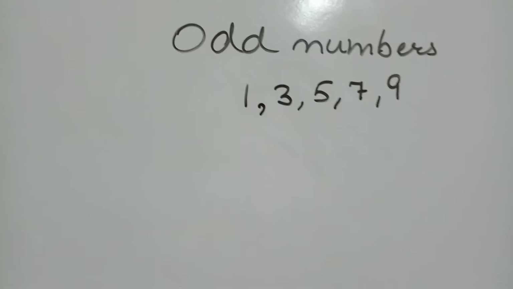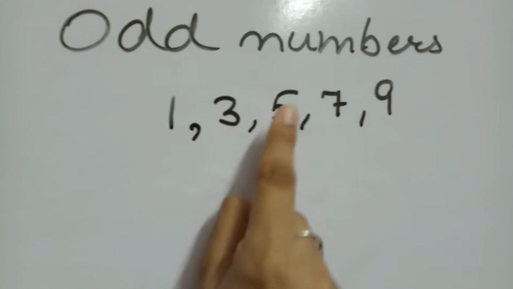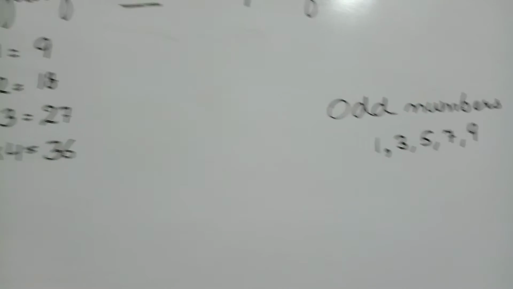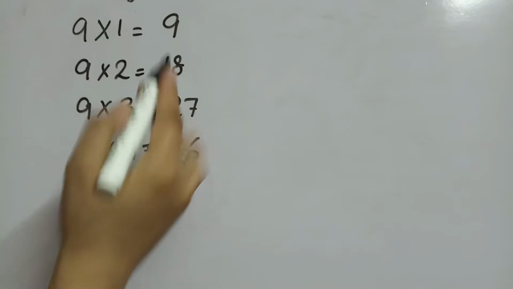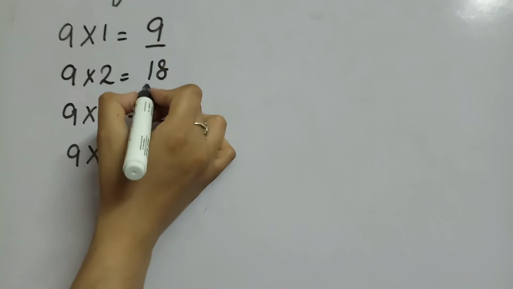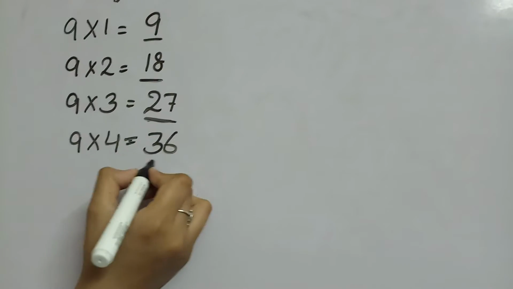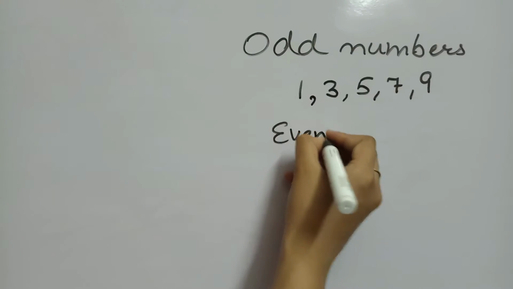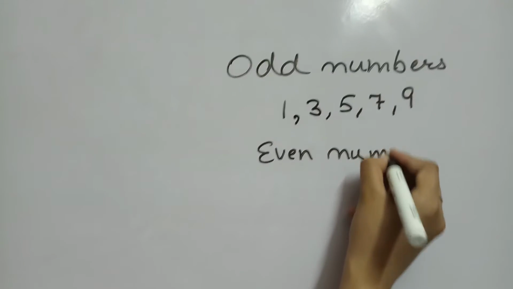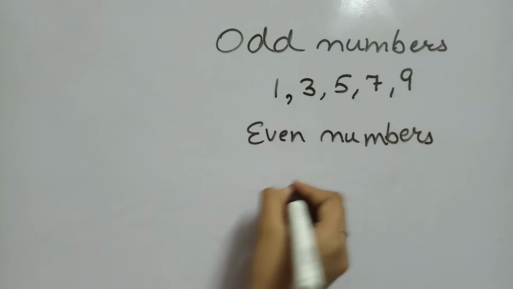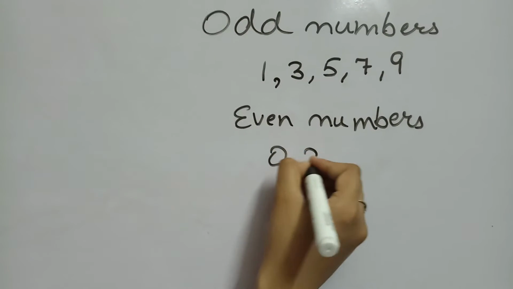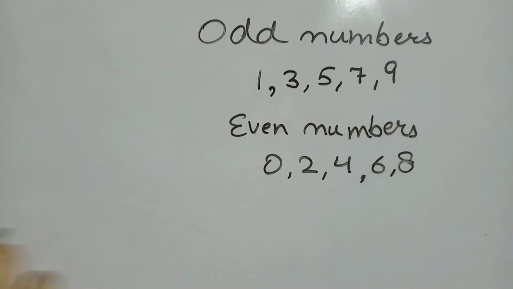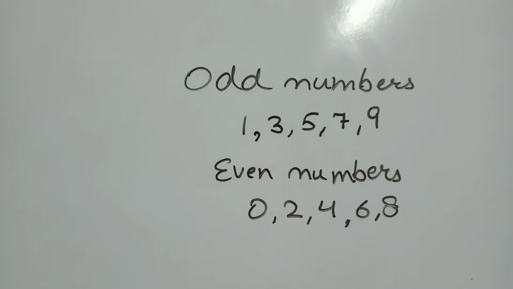The numbers which have 1, 3, 5, 7, 9 at the end, what are those numbers? Odd. Now look here, this is 9, 18, 27 and 36. And what are even numbers? The numbers having 0, 2, 4, 6, 8 at one's place are even numbers.